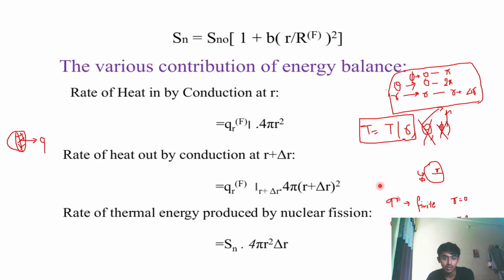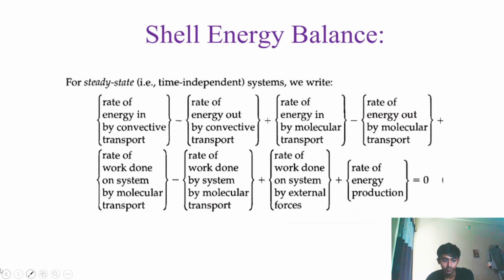So for this system, we can see the rate of conduction going in and going out for the differential cell is given, and how much energy is generated with that. So if we observe, this portion is given and this portion is given, and there are no external forces, so these portions are not given, so this becomes 0.